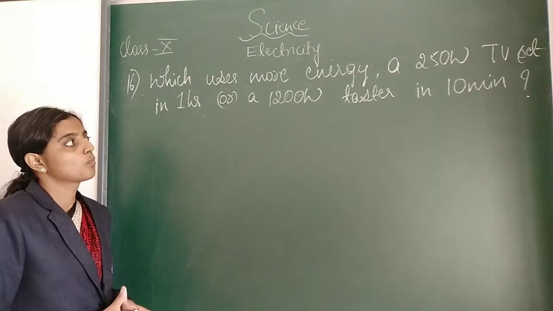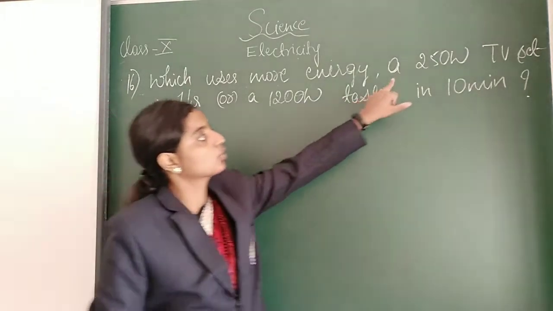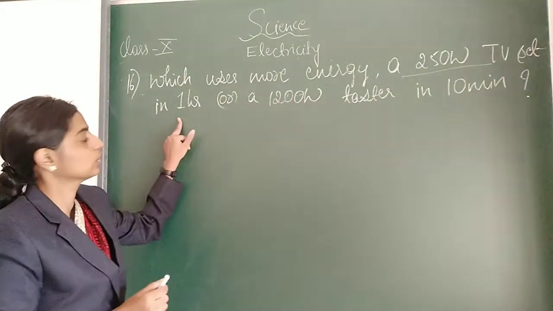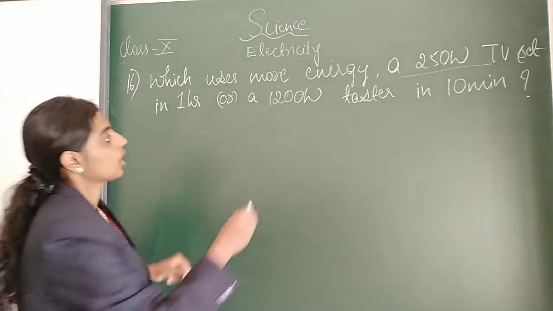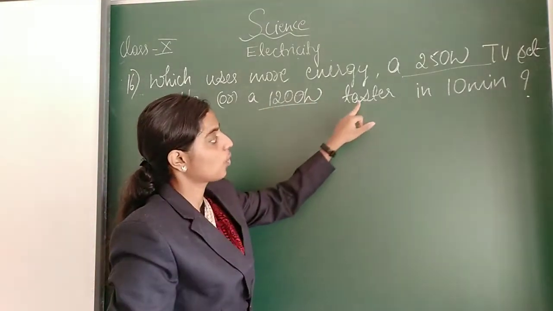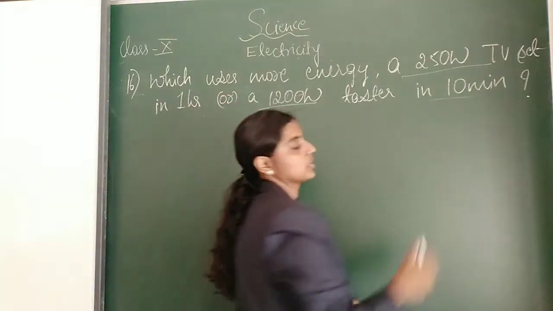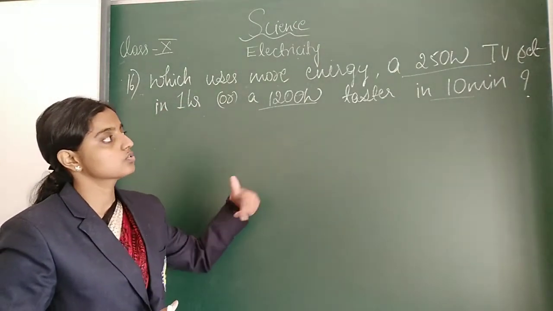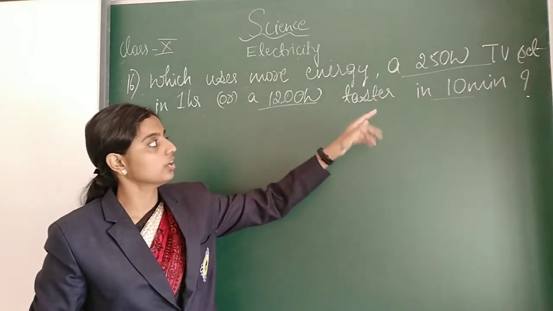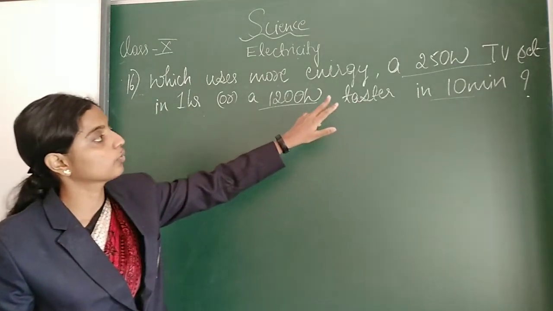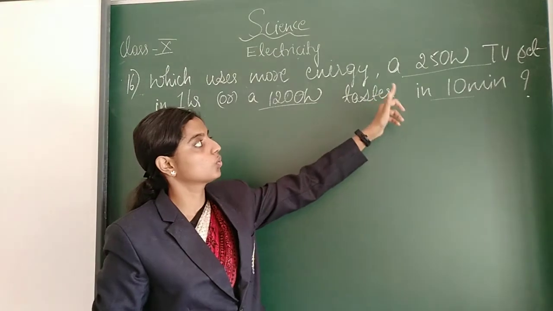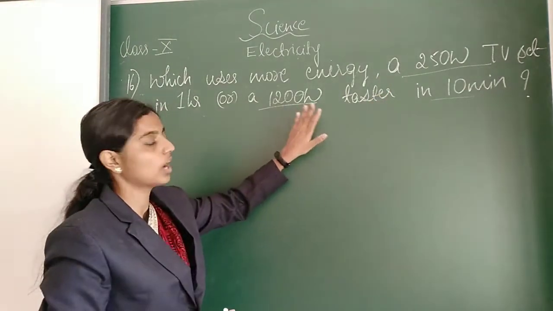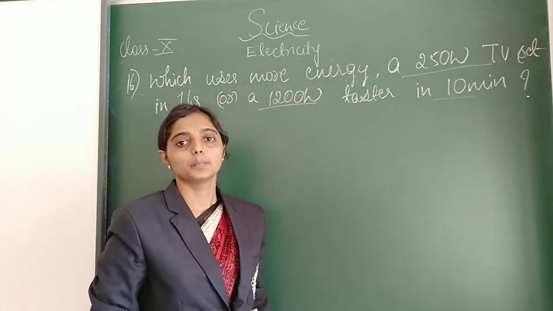Which uses more energy: a 250 watt TV set in 1 hour or a 1200 watt toaster in 10 minutes? Now here we need to find out which appliance uses more energy, that is TV or toaster, and they are given the power of TV is 250 watt in 1 hour and toaster is 1200 watt in 10 minutes.